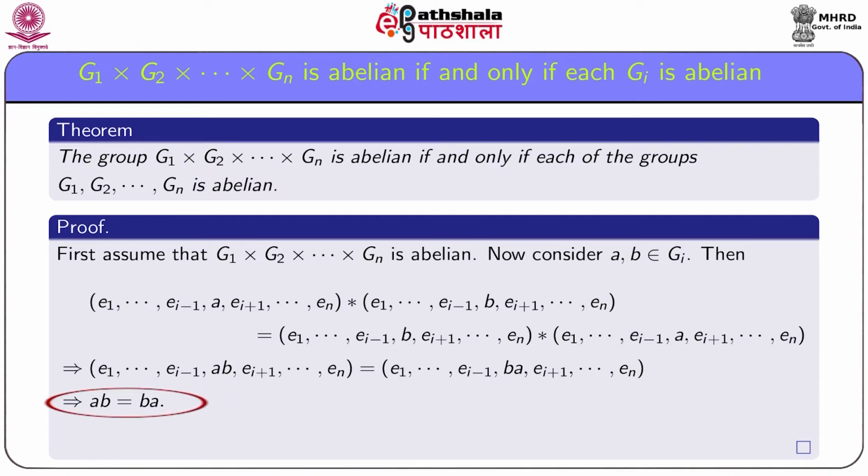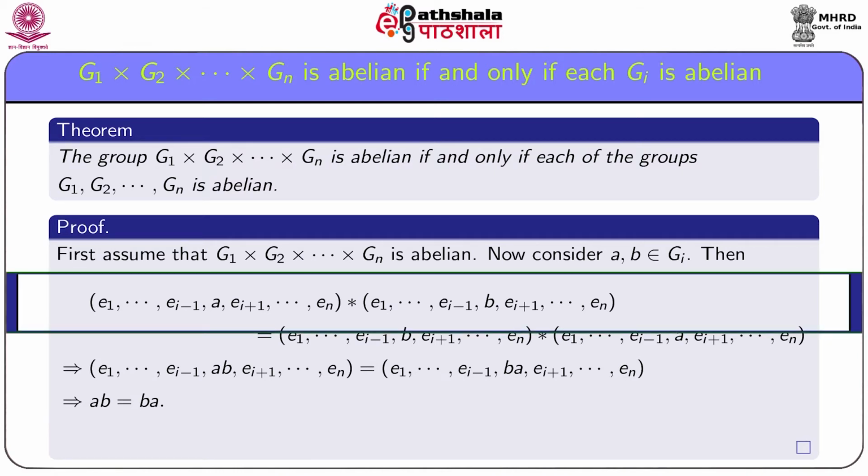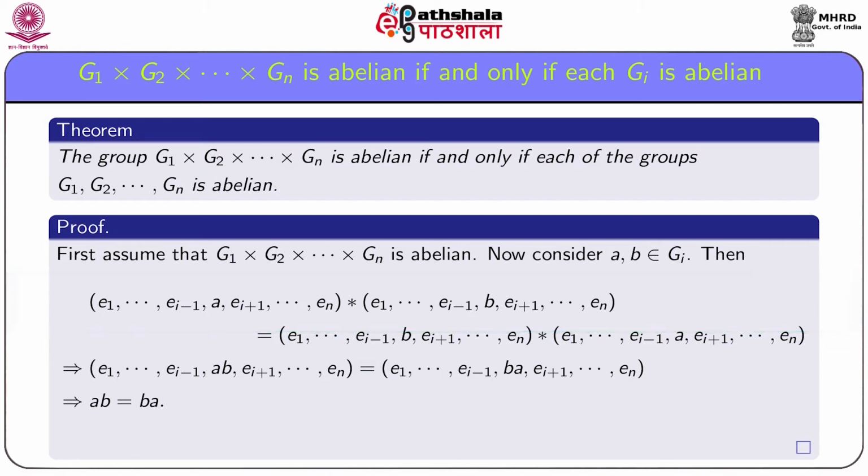We are to show that ab is equal to ba. Consider two elements from the Cartesian product, namely (e1, ..., ei-1, a, ei+1, ..., en). That is, the ith component is a and all other components are the identity element of the corresponding group. And we consider the second element of the Cartesian product as the one whose ith component is b and all other components are the identity element of the corresponding group.